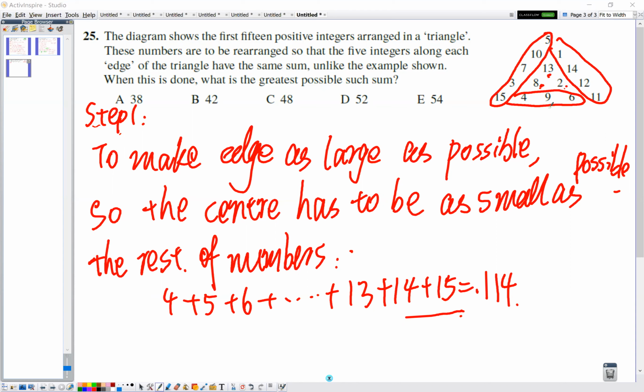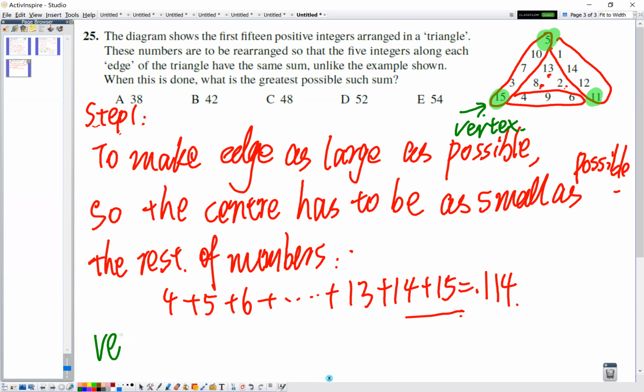Okay, so now we have this answer here. We know all together is 114. Now look at the edges we have. Look at the 3 edges. For this number and this number, we call these 3 edges here. Every single vertex number, which is a number that can be used on both lines here, see?